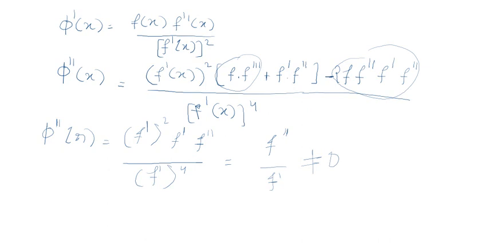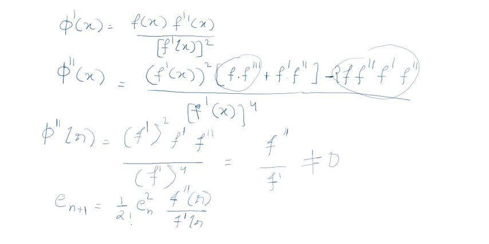So this says that phi first derivative is 0 but phi second derivative is non-zero. So this implies the order of convergence is 2 and a n plus 1 is equal to 1 by 2 factorial, e n to the power square times phi second derivative at r, that is f double dash at r by f dash of r.